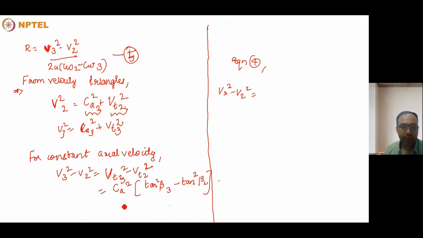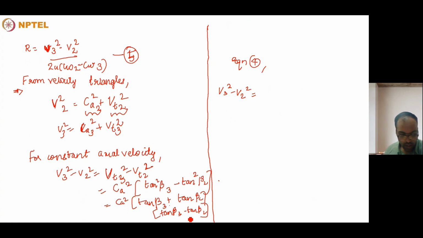So we have got one equation of CA squared into tan squared beta 3 minus tan squared beta 2. So it can be written as CA squared into tan beta 3 plus tan beta 2 into tan beta 3 minus tan beta 2.